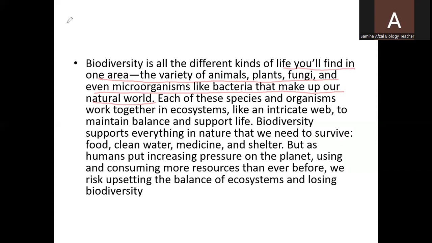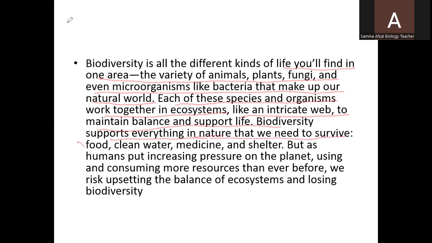All of them play a vital role in the existence and stability of an ecosystem. Each of these species and organisms work together in an ecosystem like an intricate web to maintain balance and support life. Biodiversity supports everything in nature that we need to survive.